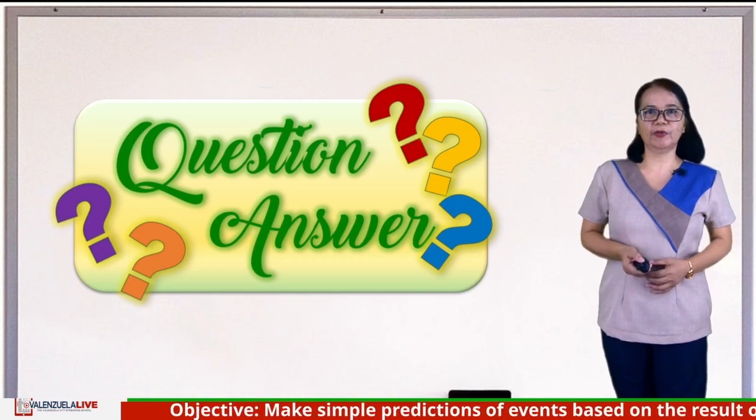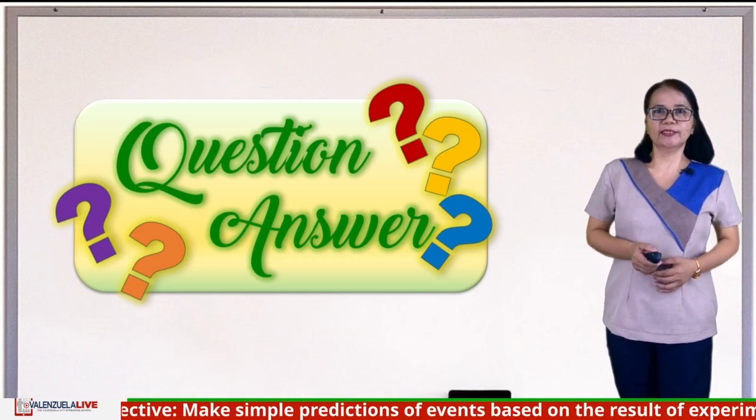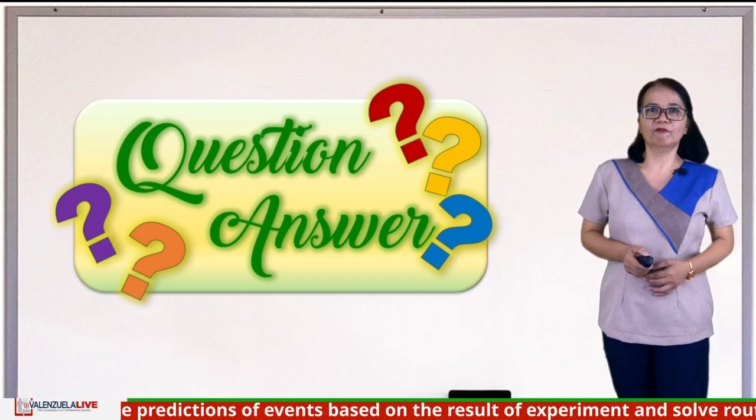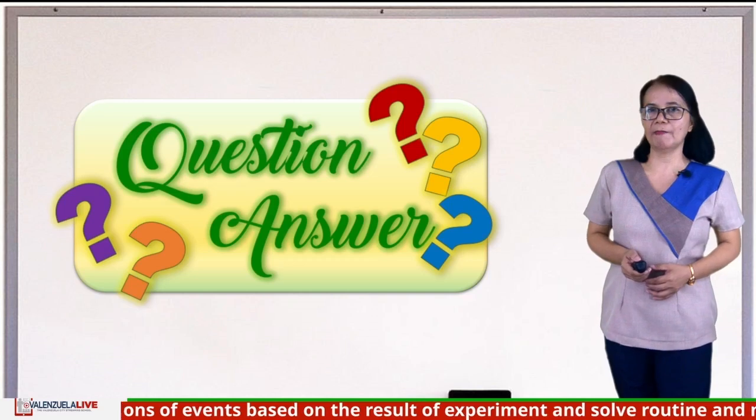Here, we have a question. What is the difference between the theoretical probability from experimental probability?